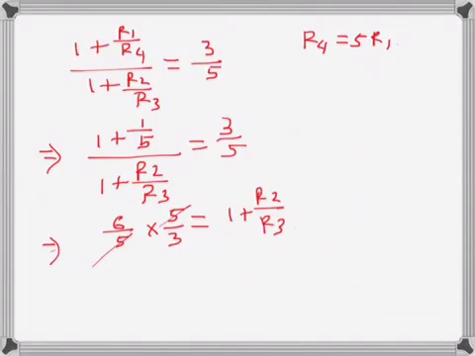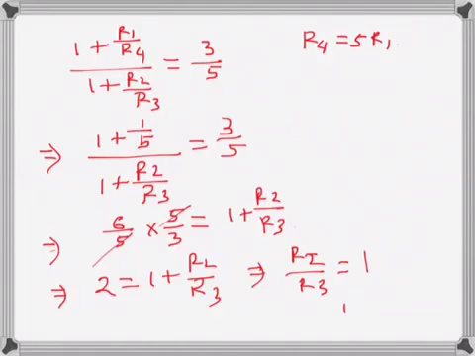So this is getting cancelled. We get 2 is equal to 1 plus R2 over R3, and if I rearrange it, I can write R2 over R3 is equal to 1. That gives me R2 is equal to R3.